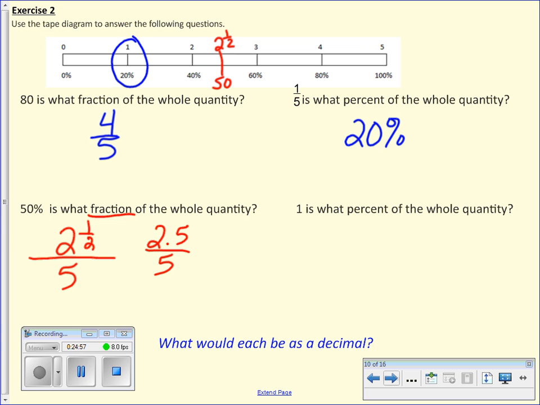No, that's only if the numerator is bigger than the denominator. Okay? How can I change that so it isn't a decimal? I could multiply them both and find an equivalent fraction.